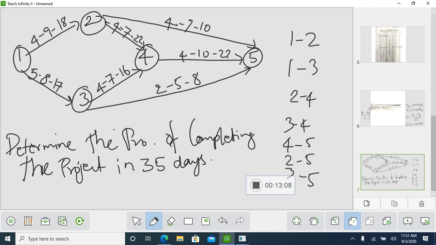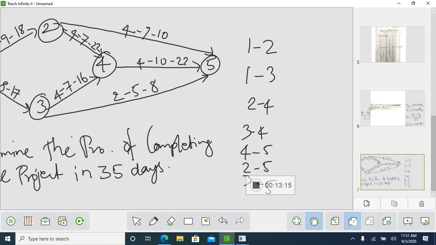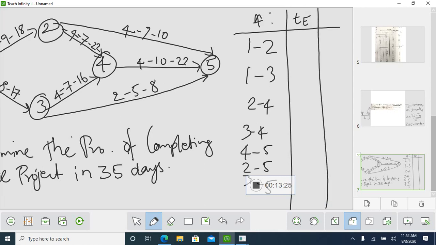So for all these activities you find out TE and variance.